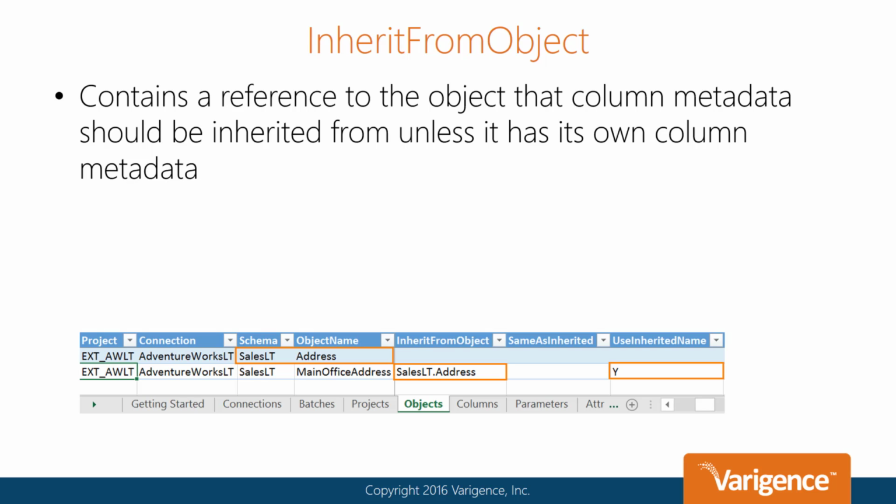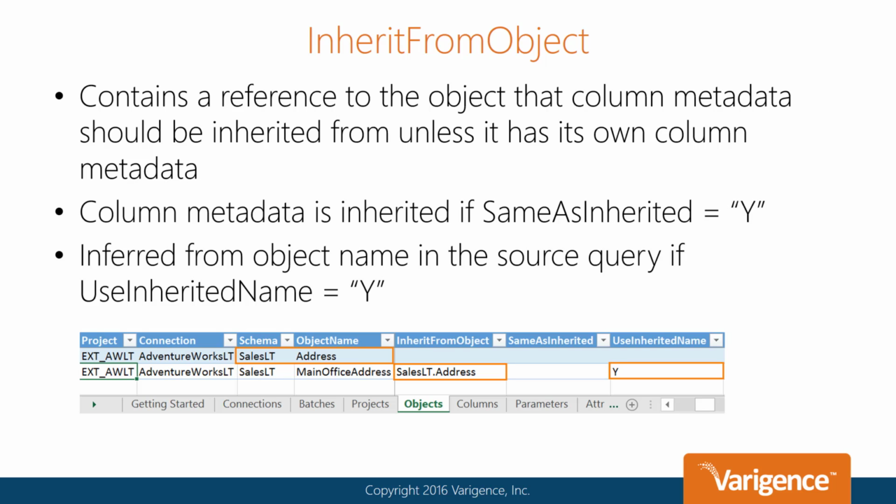And then I've got a couple of settings there called same as inherited, which we're going to discuss in a little bit, and use inherited name. In this case, we'll create a source query that's going to extract and stage the data into a table called main office address, but it's going to select from sales LT address.